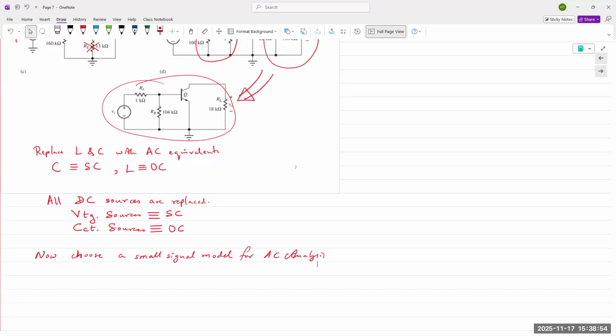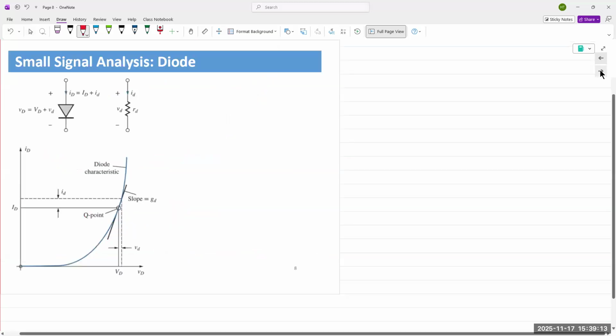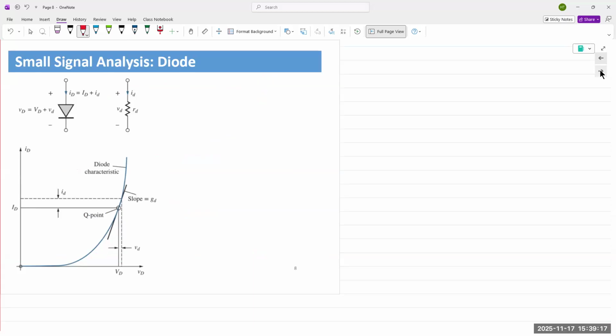And since we talk about small signal, let's see what it actually means. So let's begin with the diode. Our diode voltage VD is DC plus AC.